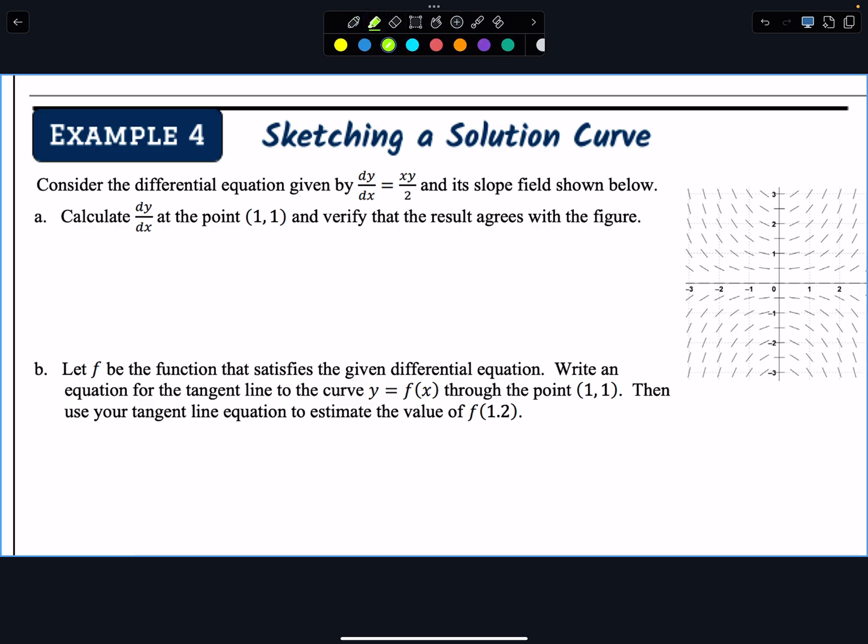So I'm going to plug in (1, 1) into my equation. If you guys want to be fancy, you could say dy/dx at the point (1, 1) equals... So if I plug in (1, 1), I'm going to get 1 times 1 divided by 2, which is 1/2.